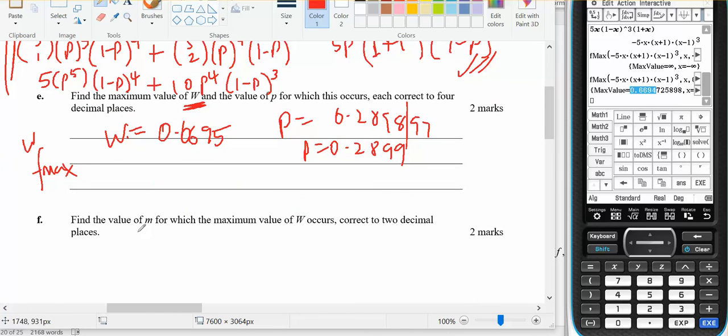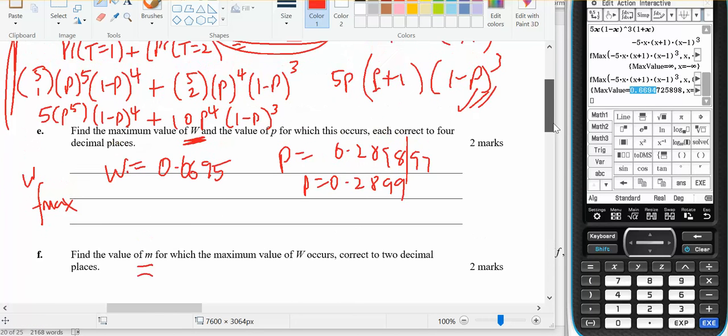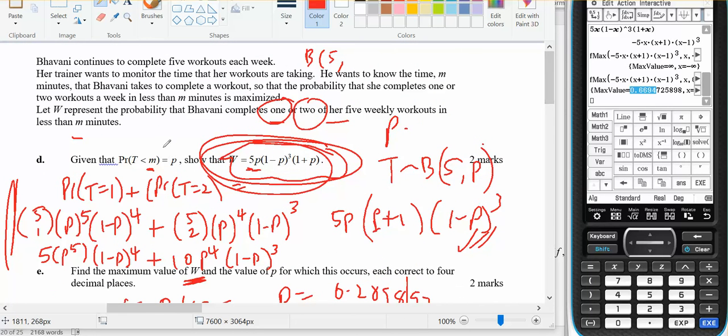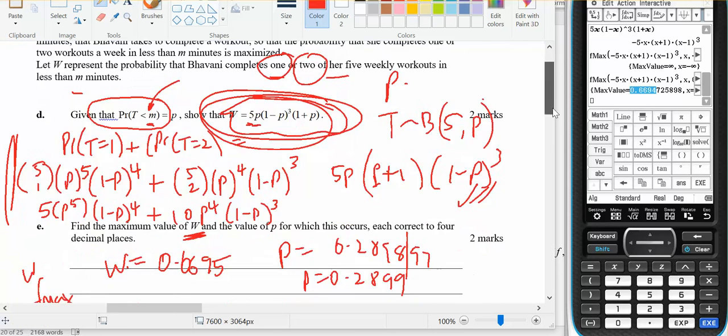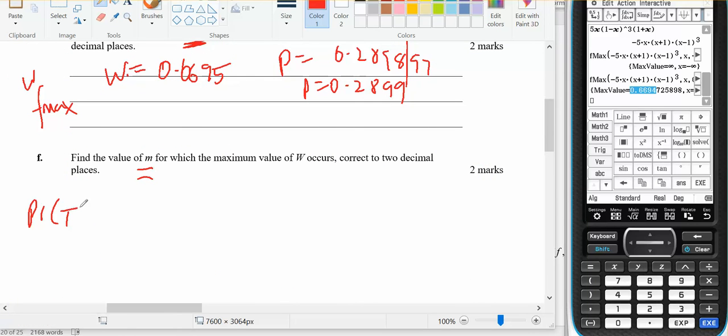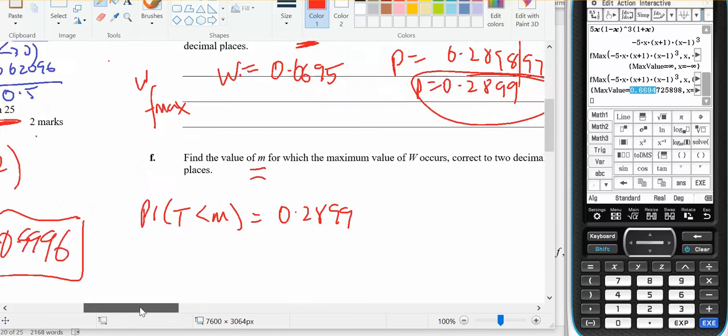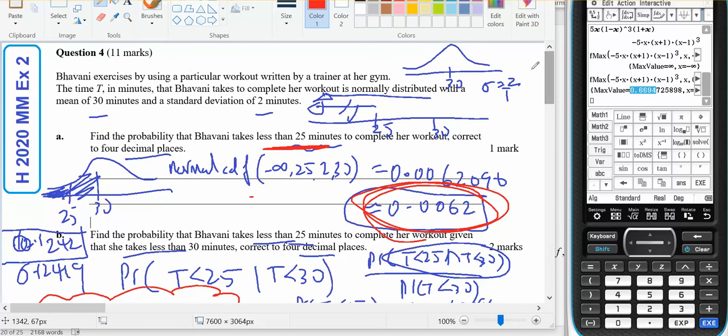Find the value of m for which the maximum value occurs, correct to 2 decimal places. So m is the number of minutes that she does her training, and the probability of being less than m is p. So the probability that t is less than m equals p, 0.2899, remembering that t is a normal distribution.